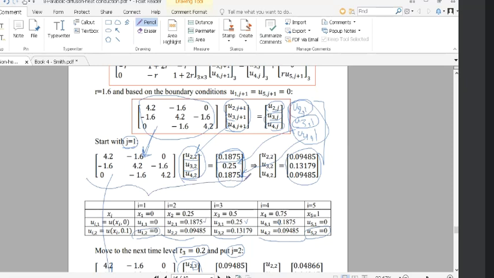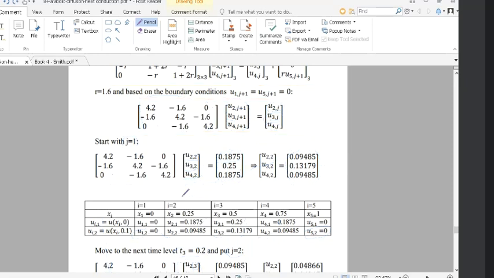And you can solve this system by any method. For example, Gauss elimination, or for example by A inverse times B. Please pay attention. If you suppose this matrix form is AU equals B, you can solve this system any way.